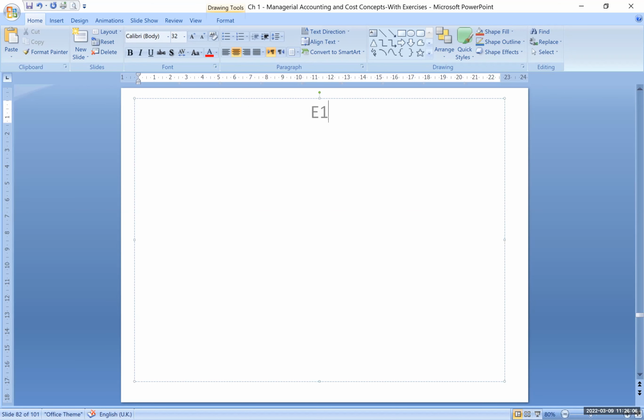Exercise 1.8, depending on the information of 1.7, number 1, what is the total amount of product costs incurred to make the 20,000 units?